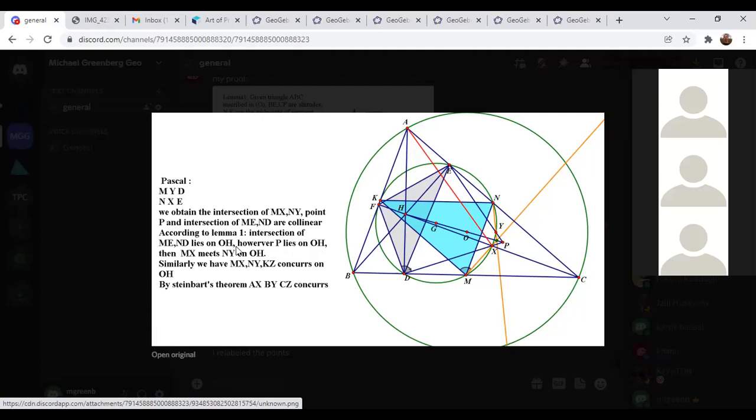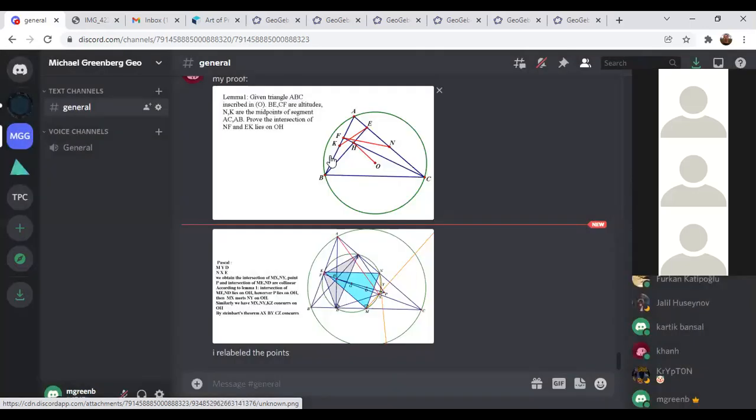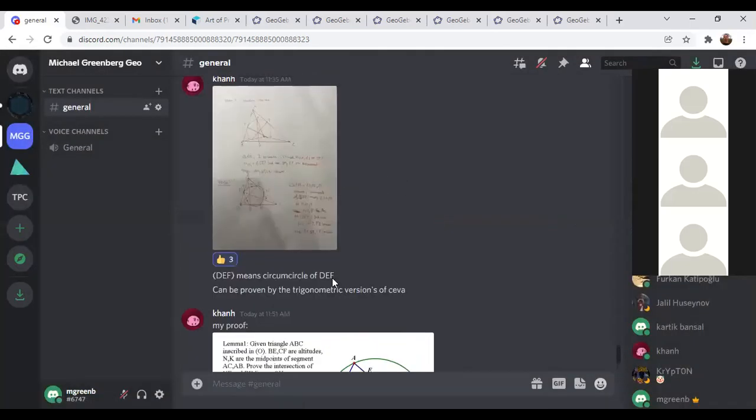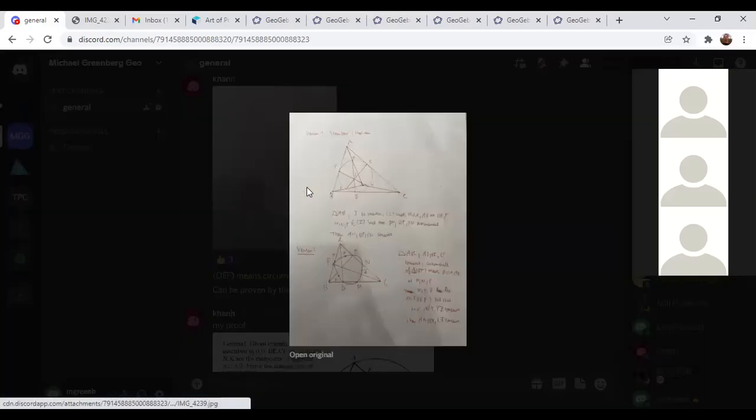And since P lies on OH, then the other two, MX and NY, meet on OH. Okay, so Steinbart's theorem.